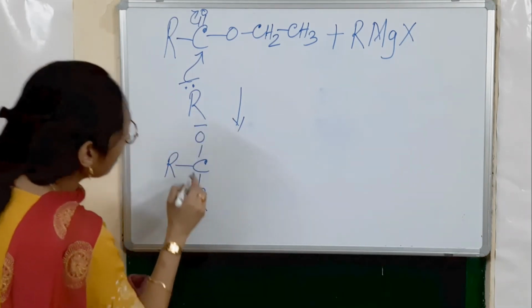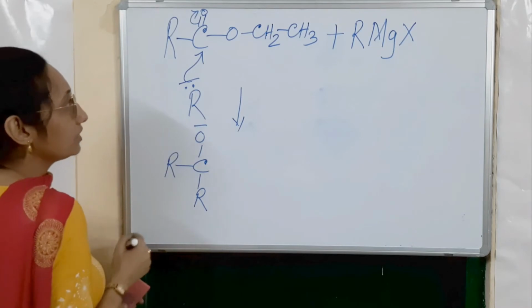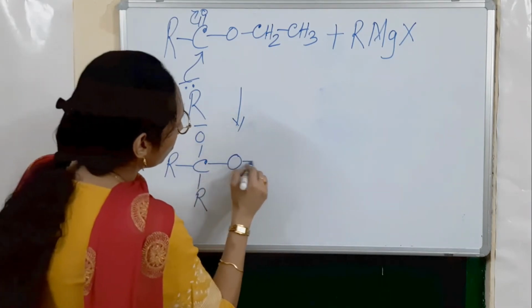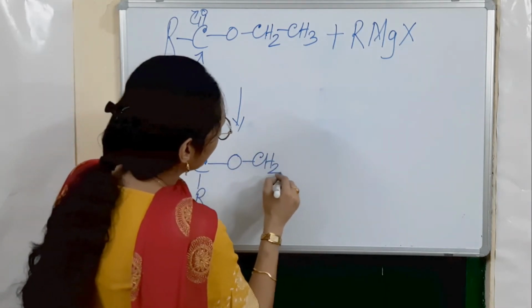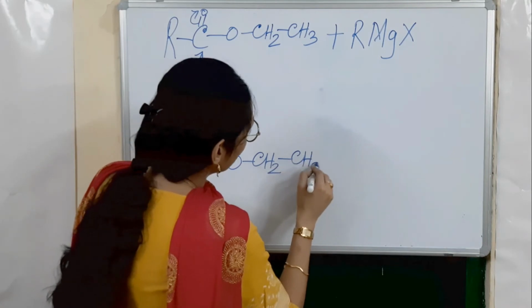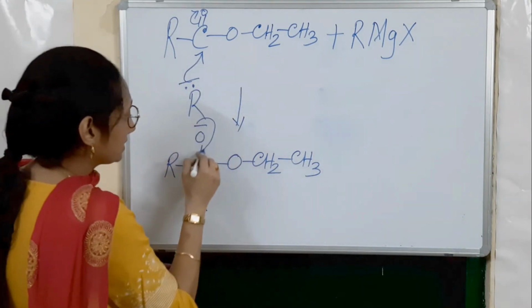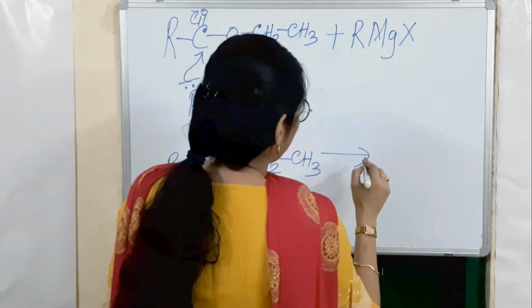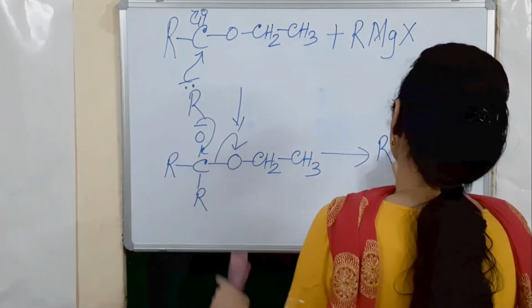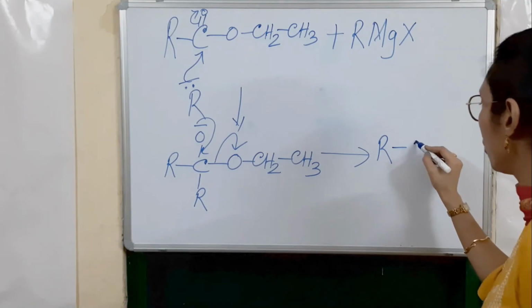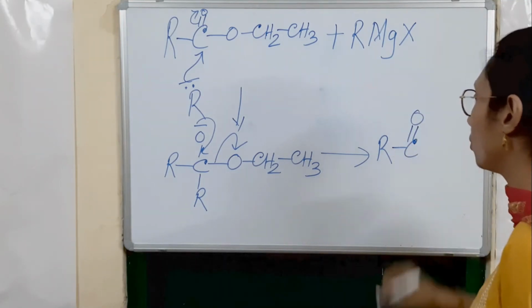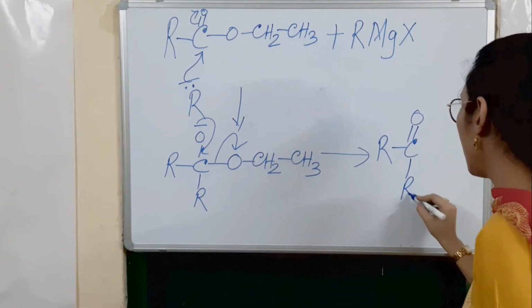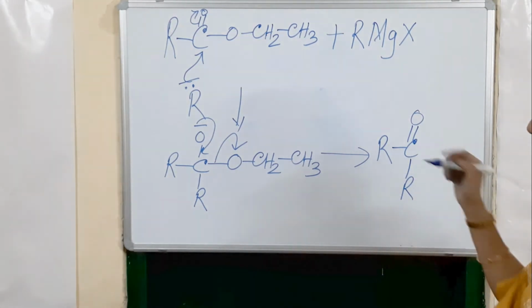Now this R that is coming from Grignard reagent, OCH2CH3 leaves in the next step. So we will get R C double bond O. This is R. So this is a ketone.